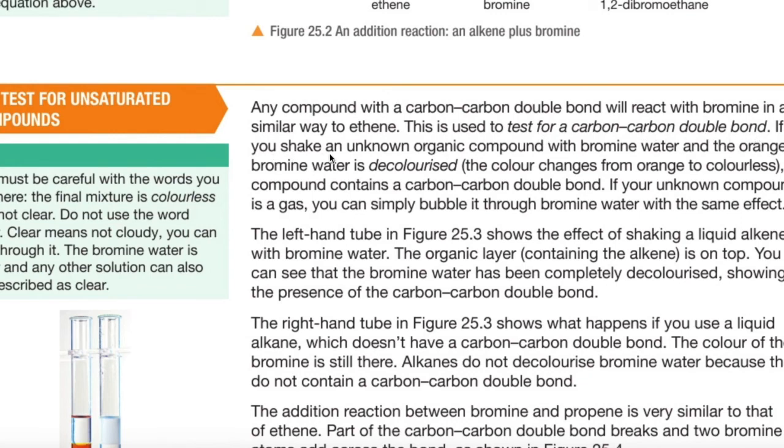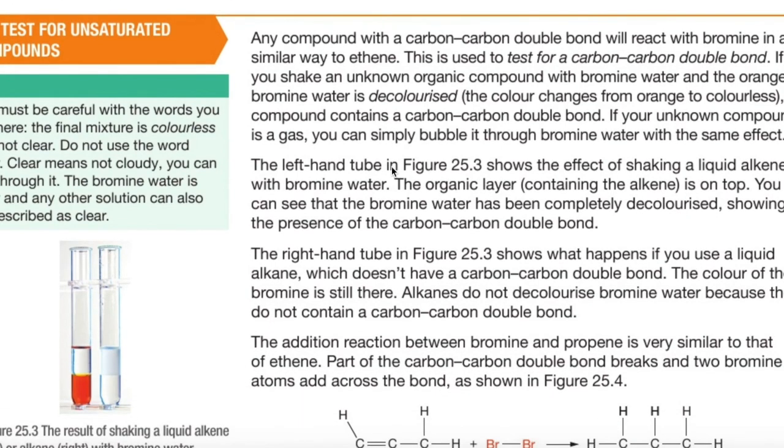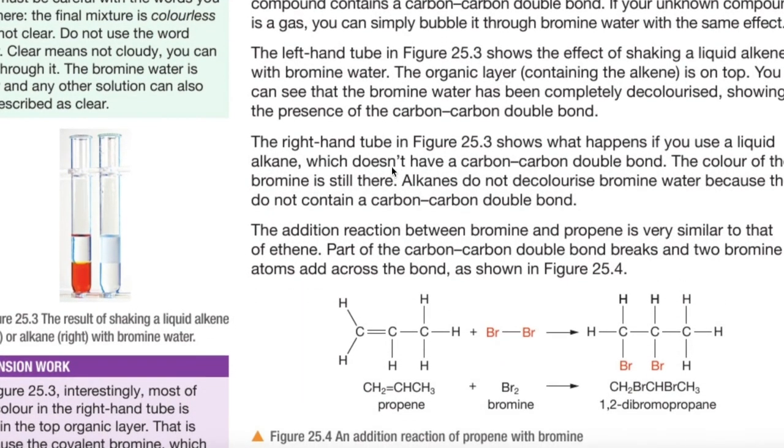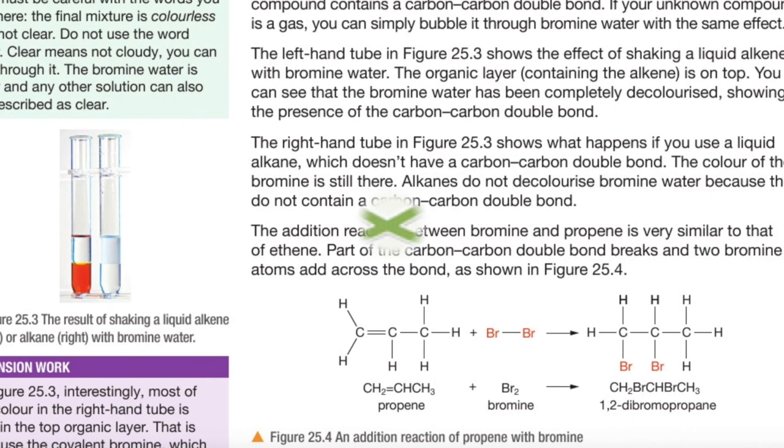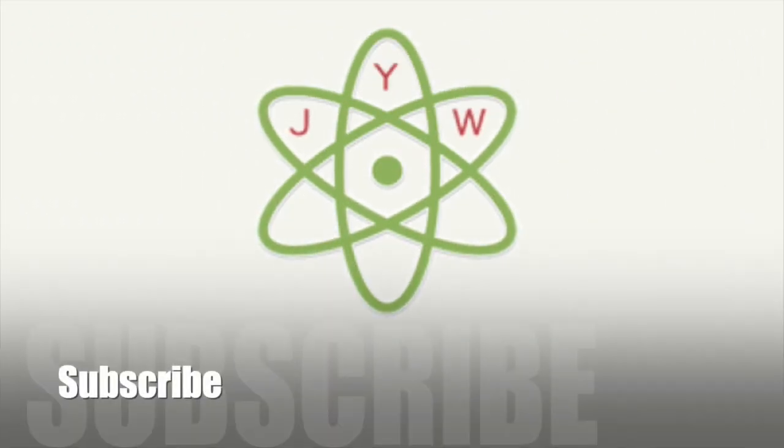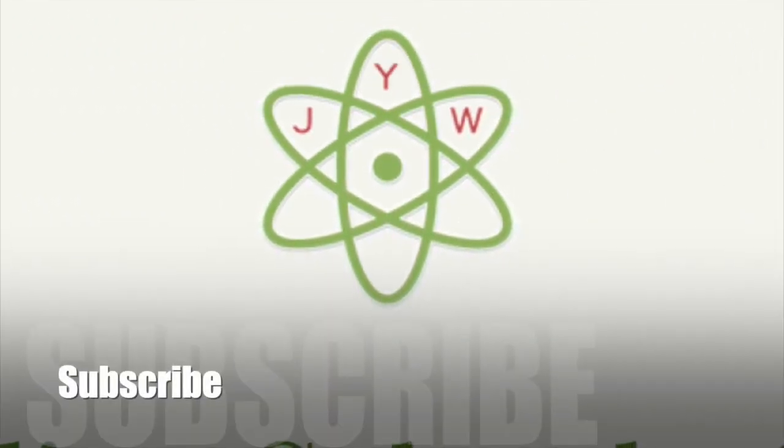So if you shake the unknown organic compound with bromine water, the orange bromine water is decolorized. See, use these words. It's the best way to describe it. Okay, that's how you distinguish between alkanes and alkenes.